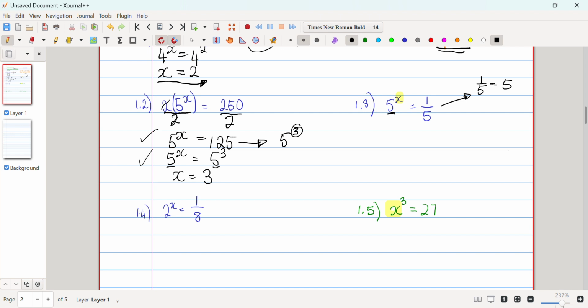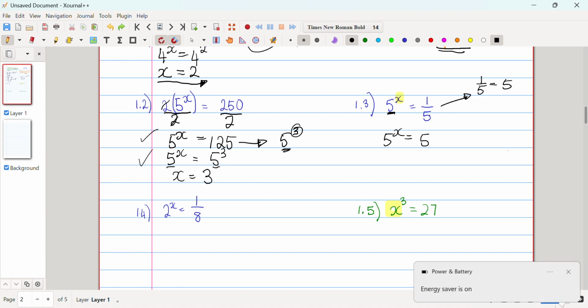Just like I did here, I wrote 125 with the base of 5, because I need the same base. If this is a base of 5 to the power of x, I need the right-hand side to be written with a base of 5 so that I can make my exponents equal to each other. Does that make sense?